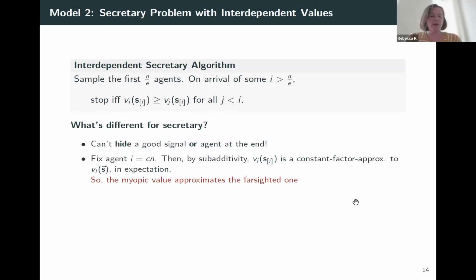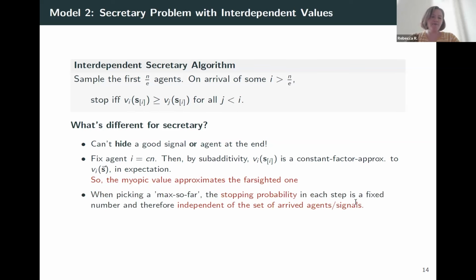And then also, if you fix any agent that, say, comes after a constant fraction of the other ones, then by subadditivity, you have that the value of this agent evaluated on the so far signals gives you a constant factor approximation to the overall value in expectation, because these signals that you evaluate them on are determined at random via the random order. So actually, the myopic value of someone is an approximation now to the far-sighted value, which will give us that we can now do the far-sighted version.